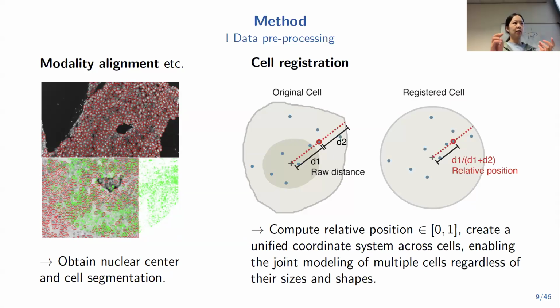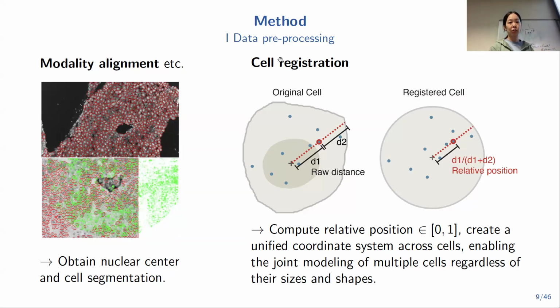One advantage is for the sequencing type, we can differentiate the mature and immature mRNA. The immature RNA is usually localized within the nucleus, so we have information to tell us where the nucleus is. So at the end of the day, this step is for us to get the nuclear center, the center of the nucleus, which gives us a landmark of a cell. And also where the boundary of the cell is, another landmark.